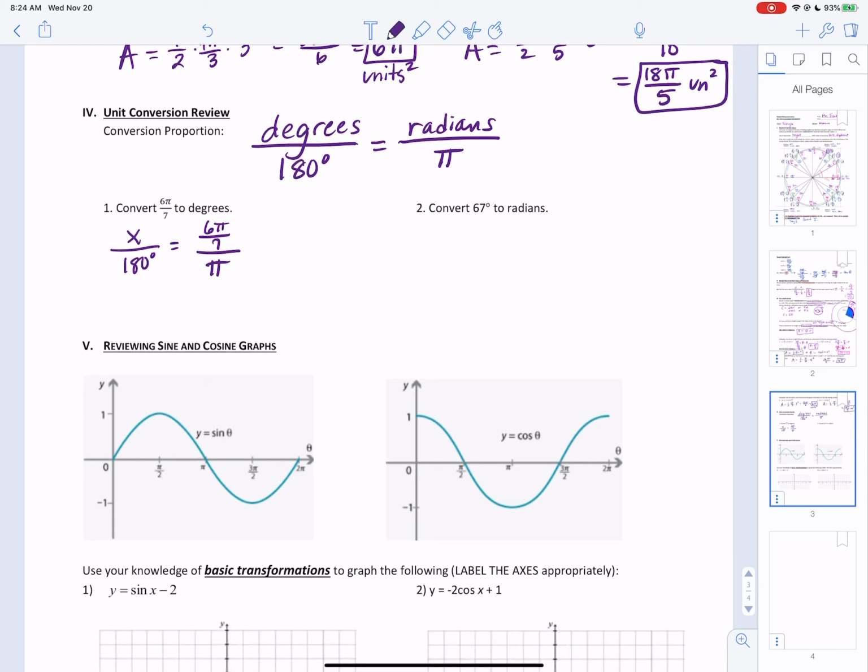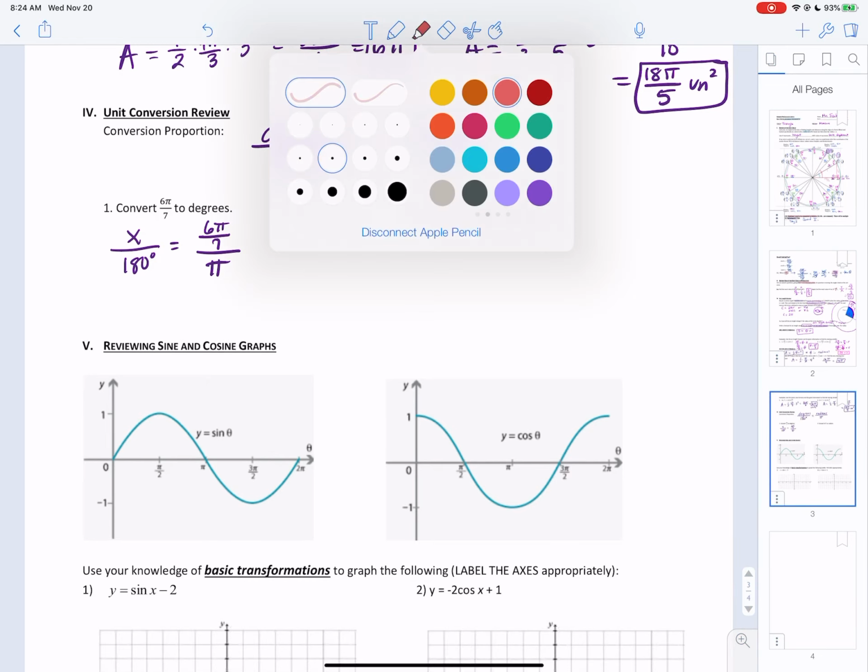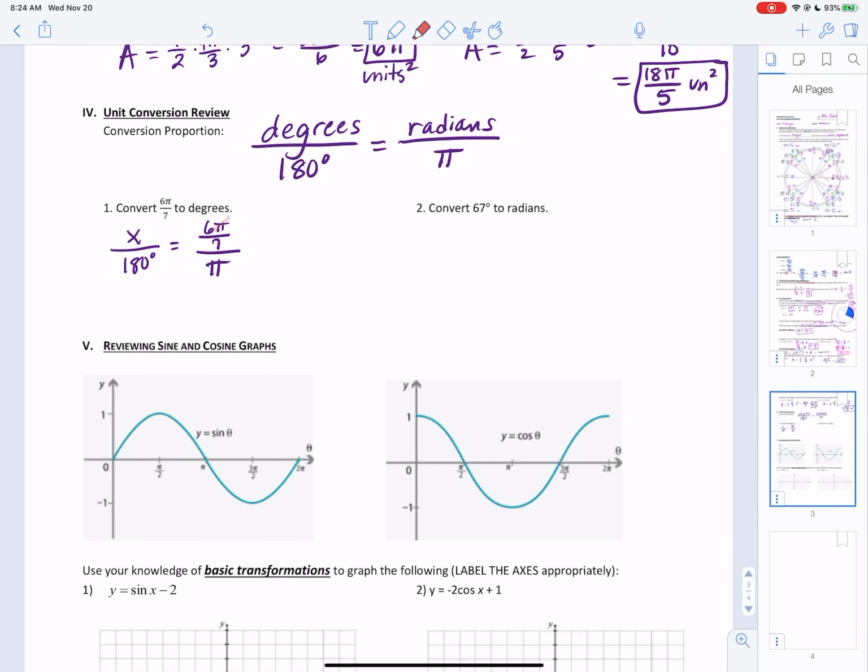Okay, and then this pi and this pi cancel out, leaving you with x over 180 equals 6 over 7. And so to solve, you're just going to multiply the 180 over to this side. So x equals 6 times 180 over 7. And you're just going to type that into a calculator.